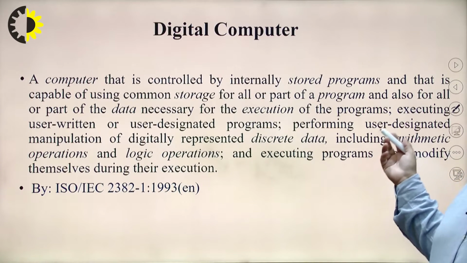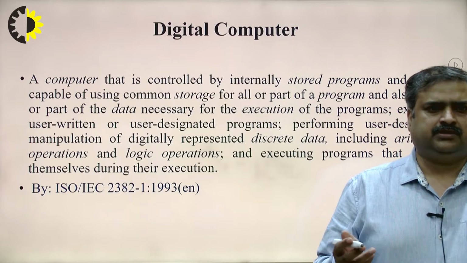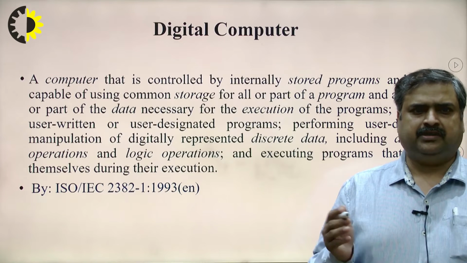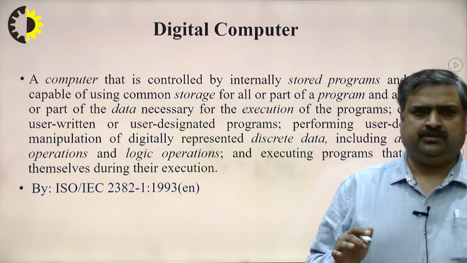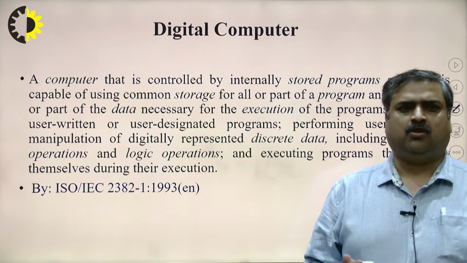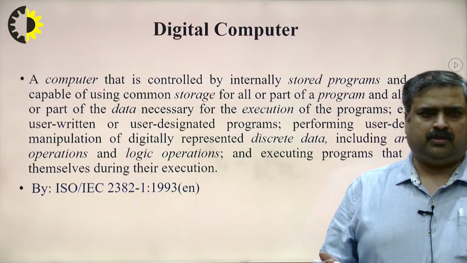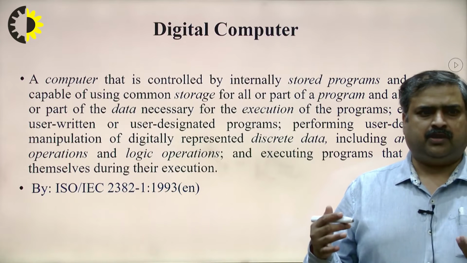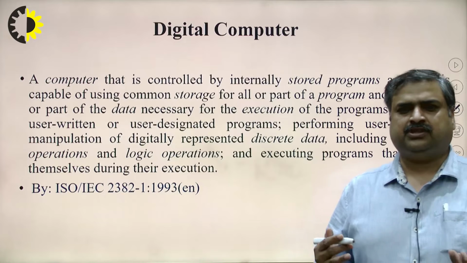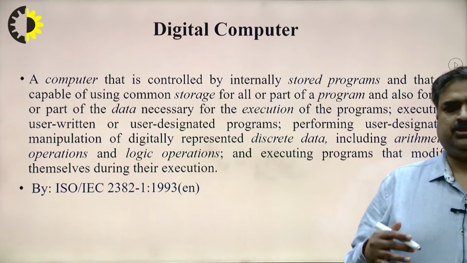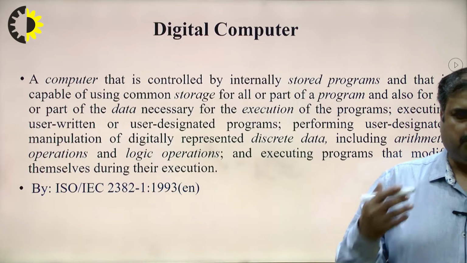As far as the definition is concerned, a computer is controlled by internally stored programs, and it is capable of using common storage for all or part of a program, and also for all or part of data. Program as well as data are necessary for the execution of the program, because execution requires some data on which it can perform operations.